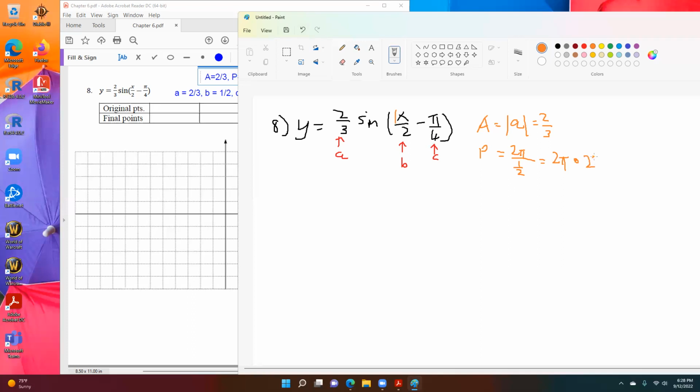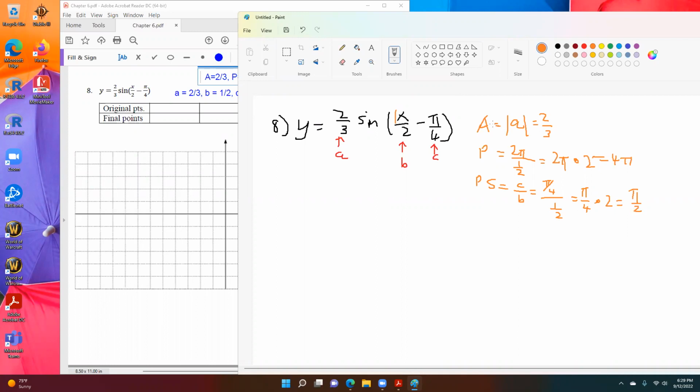So that's why your period in this case is 4 pi. And then the phase shift is C/B. So C in this case is pi/4 divided by B, which is 1/2. Again, this is the same thing we did just now. So pi/4 divided by 1/2, and the division can be changed to multiplication. You just need to flip your fraction to become 2. So this becomes pi/2.